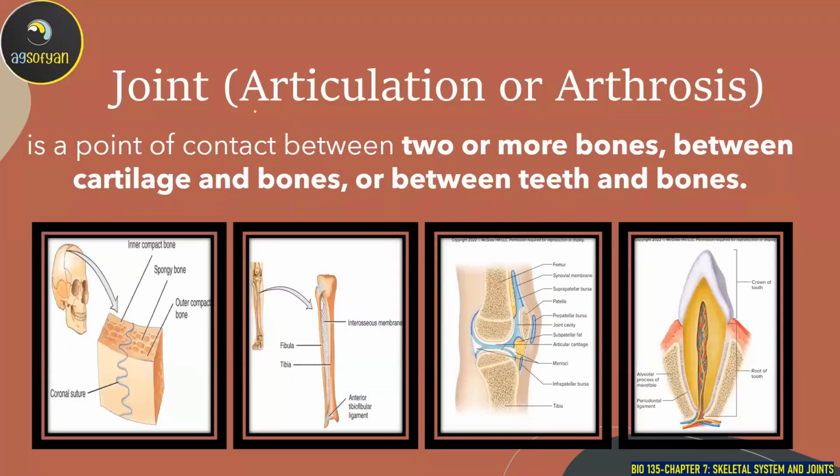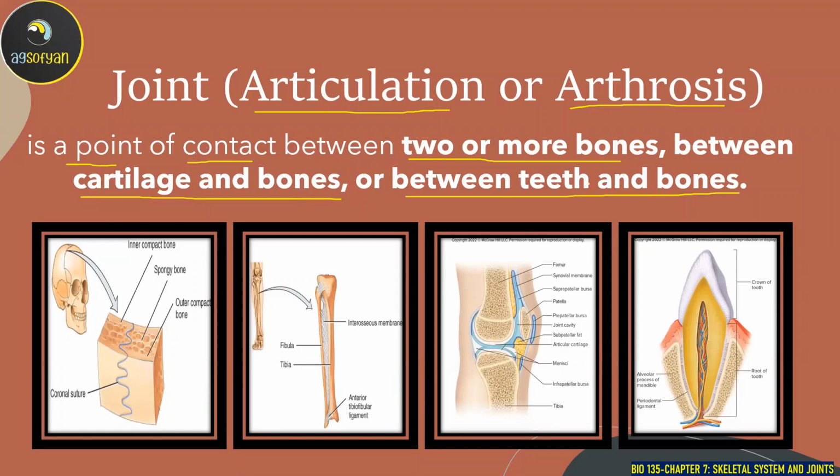Joints, or articulations, or arthrosis, is a point of contact between two or more bones, between cartilage and bones, or between teeth and bone.